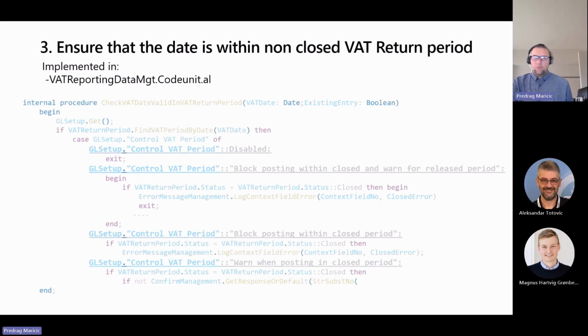Finally, our priority is to prevent any new posting with a VAT date within closed VAT return periods, or, in cases where the VAT return is released or submitted, issue a warning. The VAT return can have various statuses from open, accepted, closed to cancelled, and our aim here is to protect users from posting documents that would result in a non-compliant situation that would require additional effort to fix the problem.